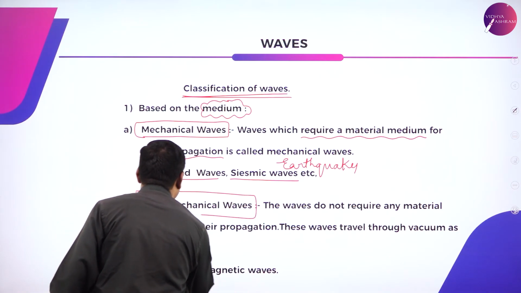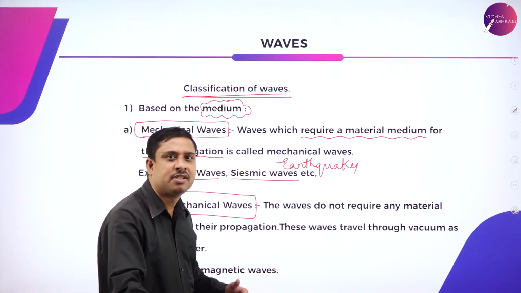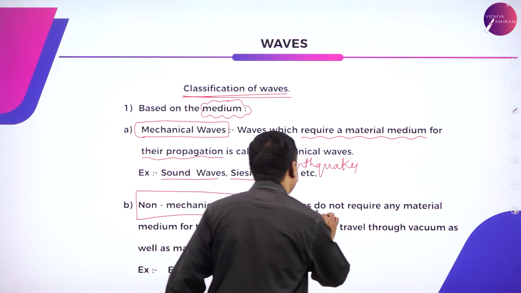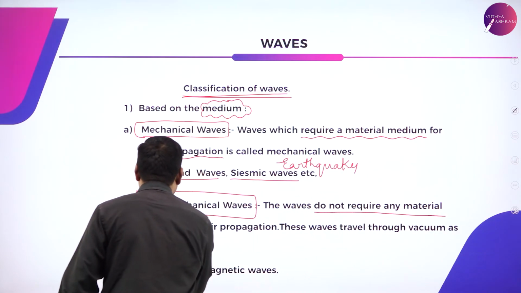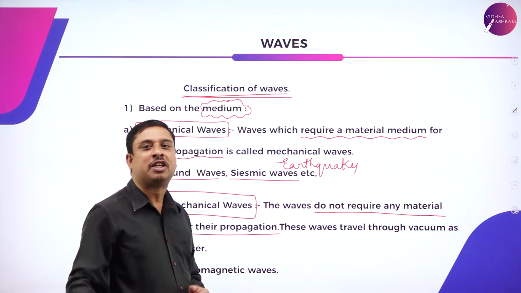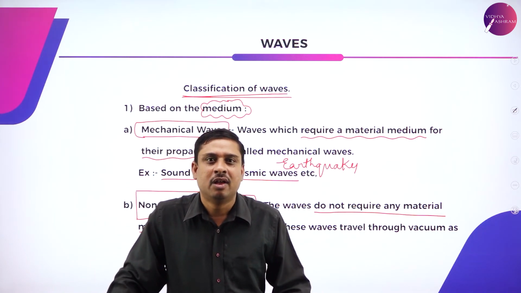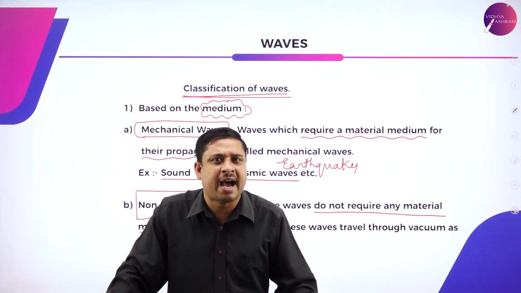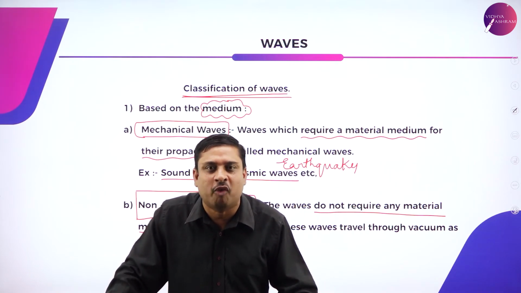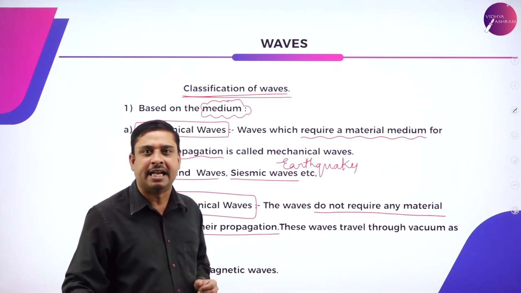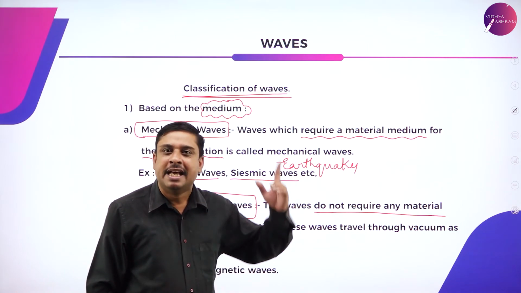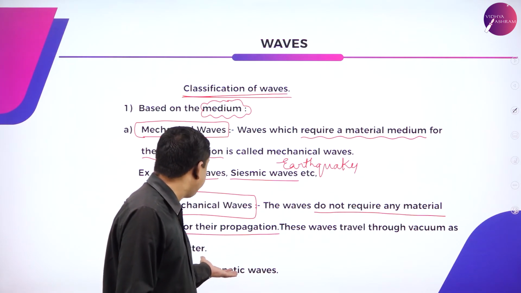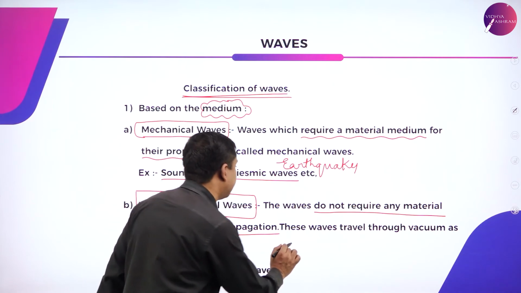When we talk about non-mechanical waves, they are the other type. They do not require any material medium for their propagation. They can travel in vacuum as well as free space. Example, all electromagnetic waves.